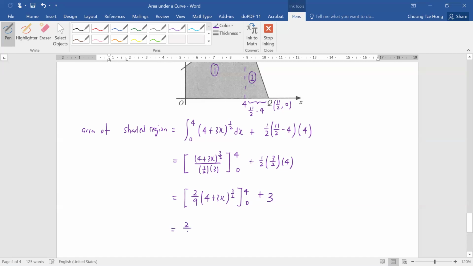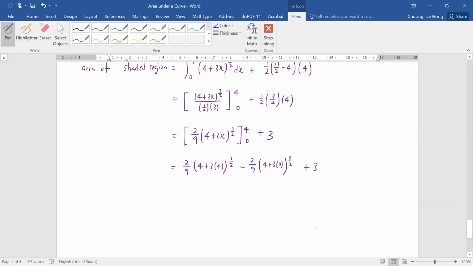Let's sub in the numbers now: 2 over 9 times (3 times 4 plus 4) to the power 3 over 2, minus 2 over 9 times (3 times 0 plus 4) to the power 3 over 2, plus 3. 3 times 4 is 12, plus 4 is 16.